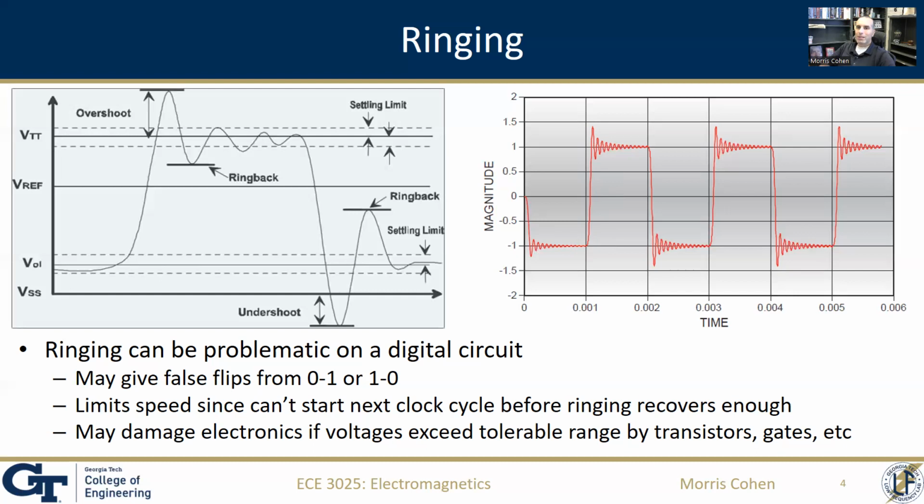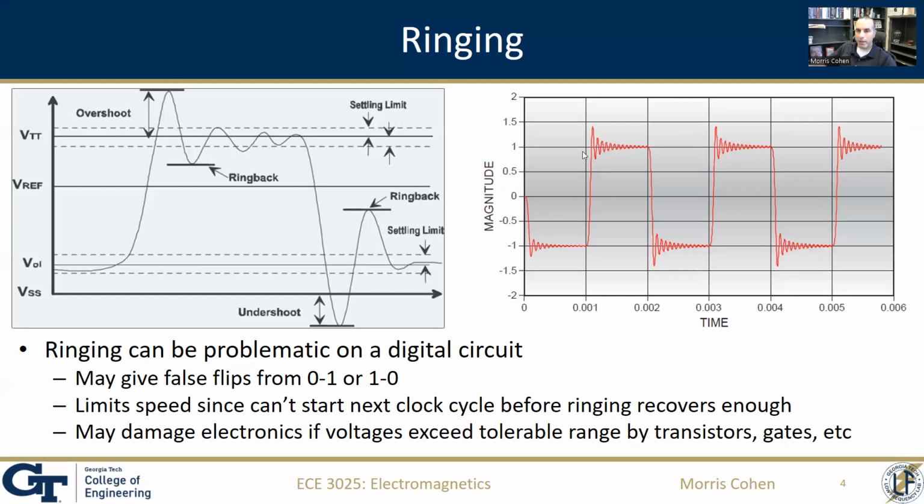And of course, if you're looking at this in a lab class on a bench, on a comfortable Friday afternoon, it might not mean so much. But if this exists on an integrated circuit or on a circuit board, it could be very problematic, and there's a number of detrimental effects. The first is that we can get false flips from 1 to 0.